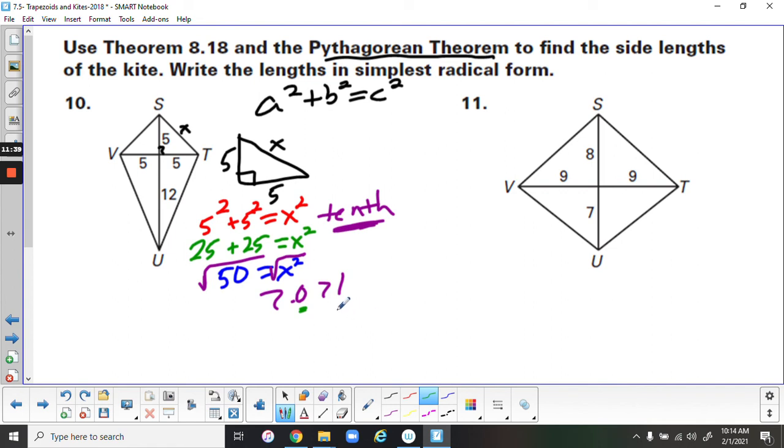Remember, there's no oneth. It goes tenth, hundredth, thousandth. So I always underline the spot I'm looking at. Look to the right. If it's 5, 6, 7, 8, 9, then that bumps it up. If this would have been 0, 1, 2, 3, 4, then I would have just chopped it off. So this becomes 7.1. So ST equals 7.1.